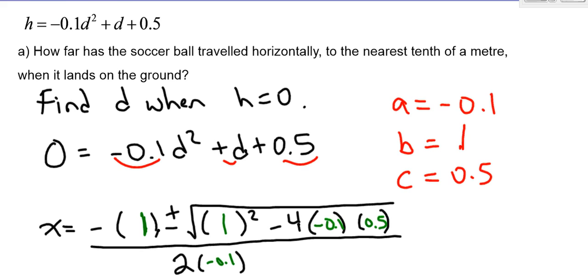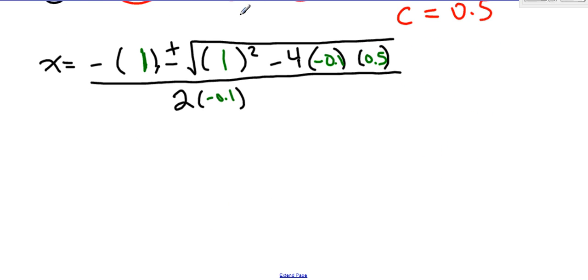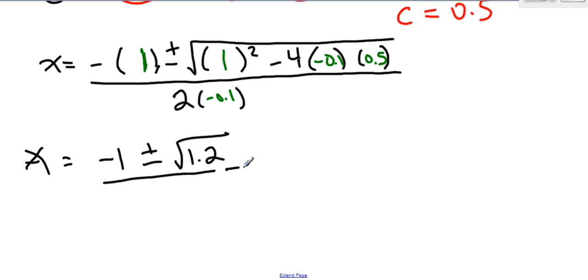So now I can start to do math. So for me, x equals, I have negative 1 plus or minus, and in my calculator, I'm going to do this math. So your calculator should be able to handle that no problem. 1 squared minus bracket 4 times negative 0.1 times 0.5, close bracket, equals. So I have square root of 1.2, and that's divided by, and then I'll do this math, 2 times negative 0.1.